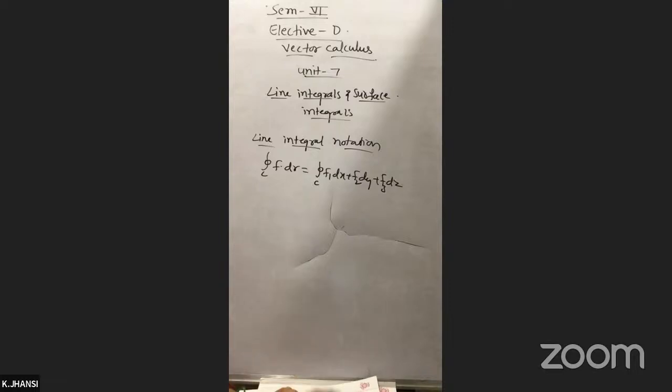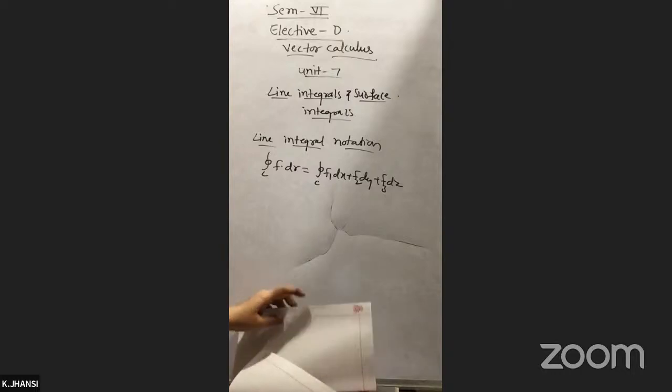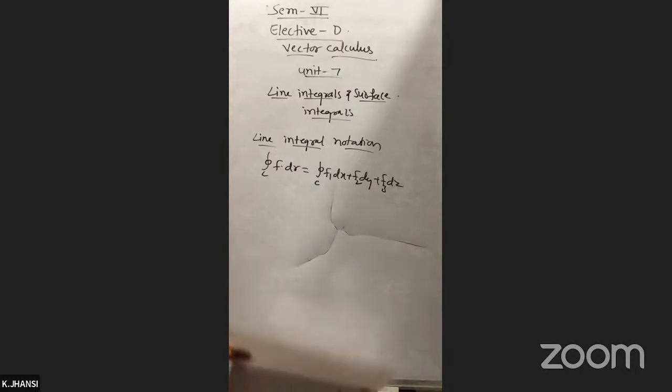Also, a force field F is conservative if and only if del cross F equals 0. That is, F is irrotational. So with the help of these concepts, if any question is asked to show that a field is irrotational or conservative, you can use those concepts.